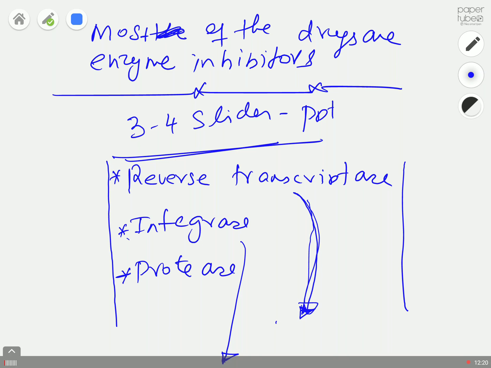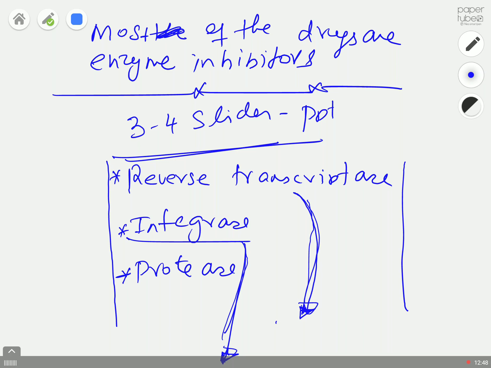So what's the job of this integrase? This particular enzyme helps to insert the viral DNA into our cell DNA. This eventually causes major cell destruction. That's the job of the integrase. And the third enzyme, HIV protease, cuts the polyproteins into functional parts.